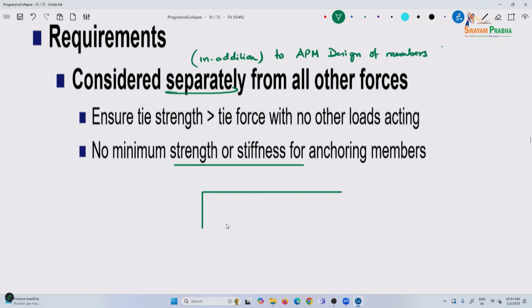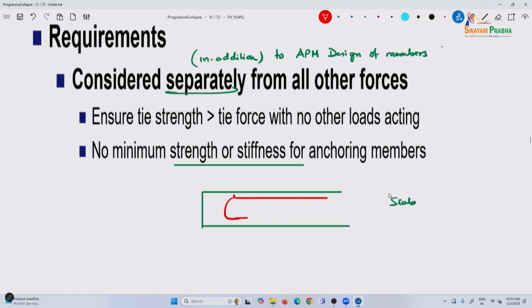But if you provide reinforcement, say this is your slab and you are providing a tie reinforcement, you have to anchor it well. You can't just leave it hanging here.